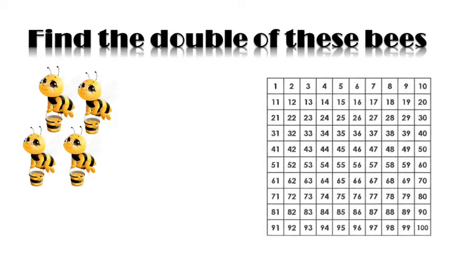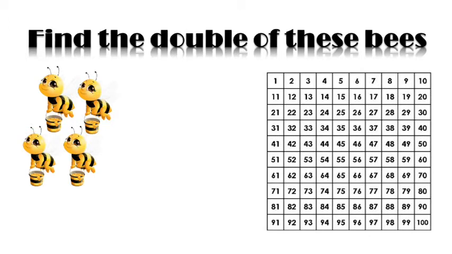Can you find the double of these bees using a number scale? Tell me, how many bees are there? Yes, there are 4 bees, which means we need to count 4 more times. Let's count.